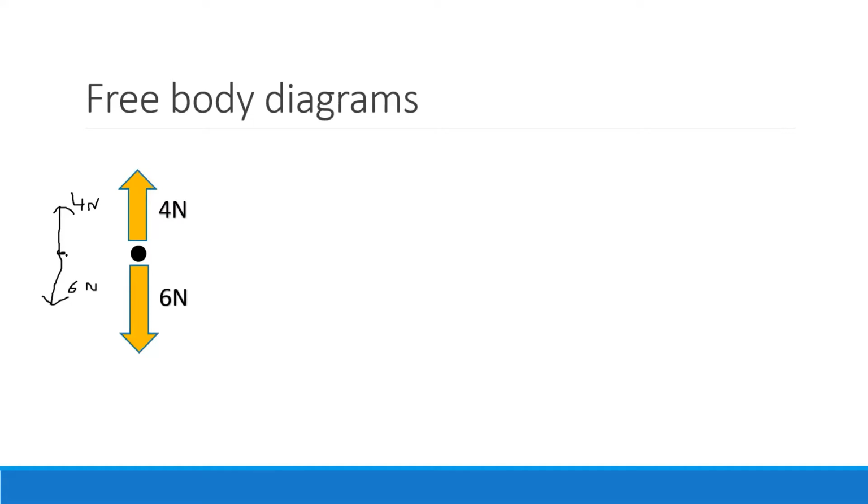And there we go. Now that point here, that object could be a bookcase, it could be a person, it could be a yo-yo, it could be a baby, it could be anything. What we do is we use a point to represent the center of mass. Now the center of mass is a concept that we just sort of assume in year 11 and 12 physics: that all force acts on a single point.